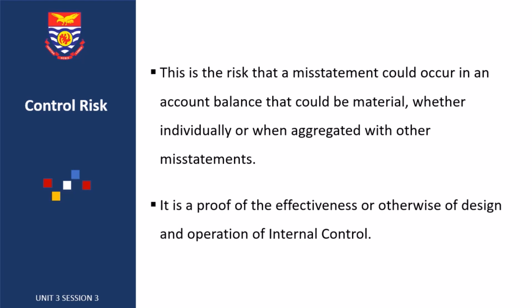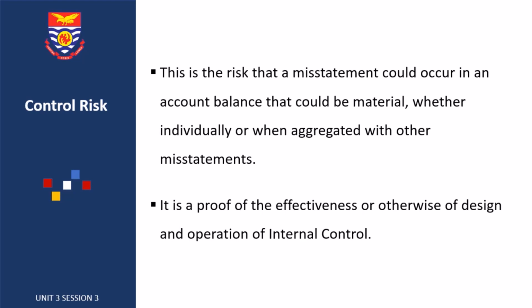Now, this control environment serves as the foundation of discipline and structure in the organization. The other element of internal control is the control procedures, which are basically the policies and procedures set by management to support the business objectives.